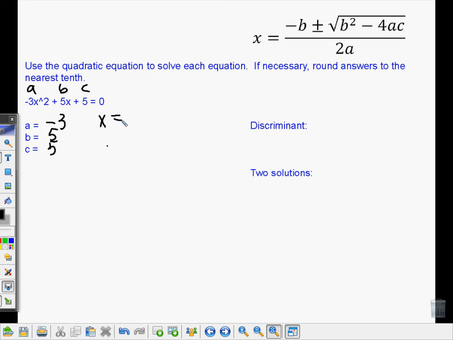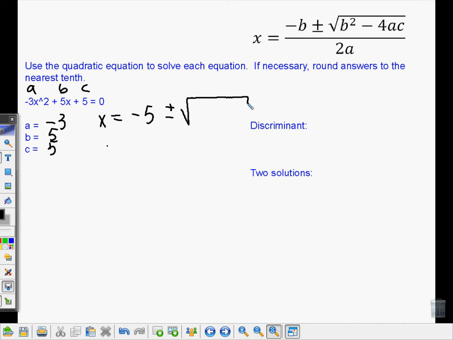So x equals negative b. Basically what that means is I know that b is 5, but I have to put a negative sign in front of it. Plus or minus the square root of my discriminant.